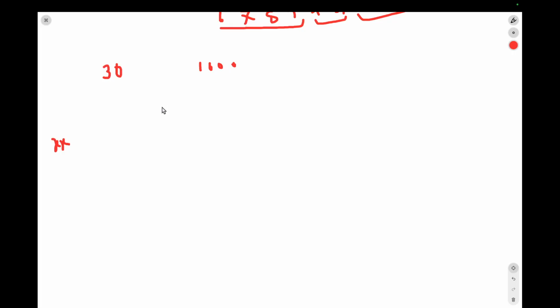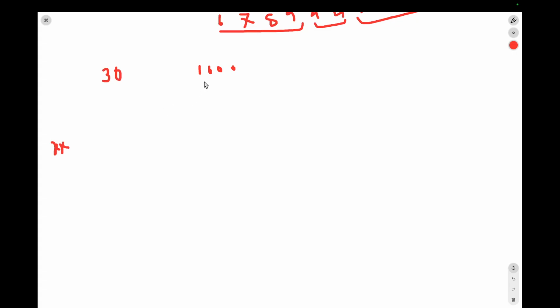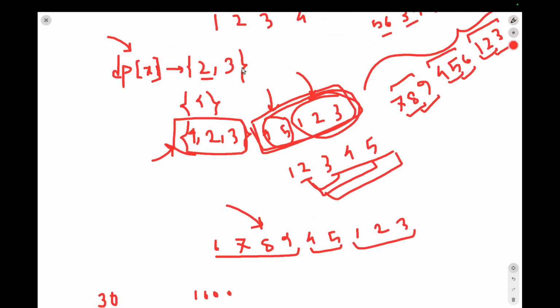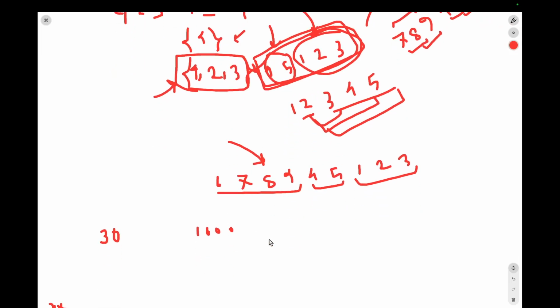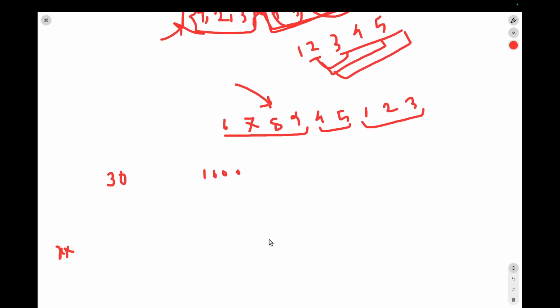So first of all we will take a vector of dp, where dp from 1 to 1000 will be saved. It is a vector of vectors: one will store just x and another will store a vector like this. So we will take a vector of vector dp whose size is 1000.